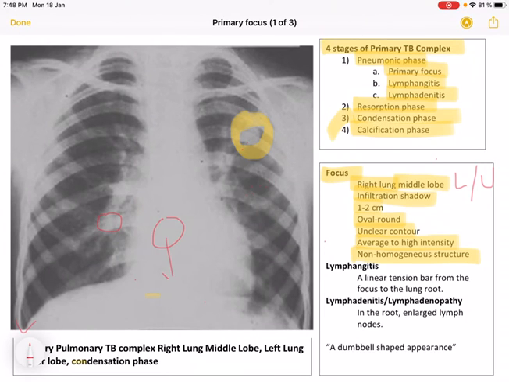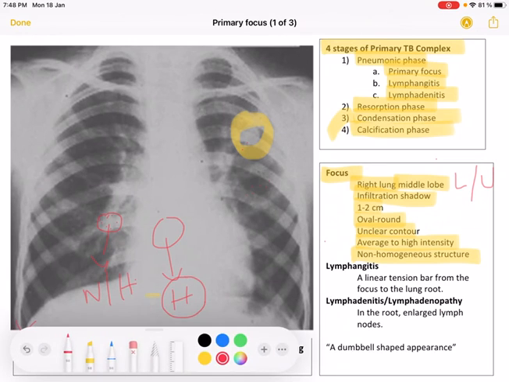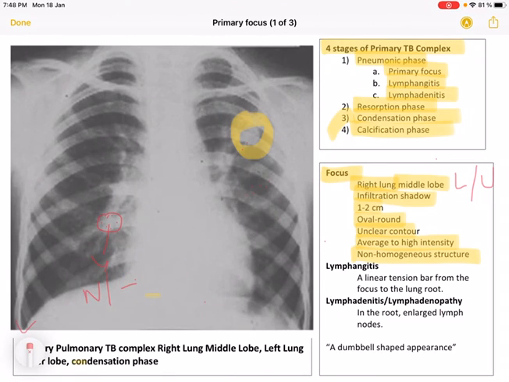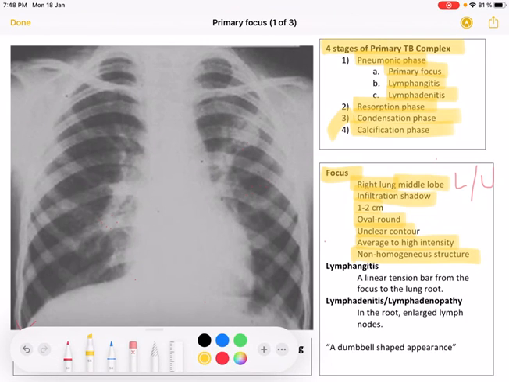This is what homogeneous looks like. And here we can see some black spots and white spots, so it is non-homogeneous. Understand? Okay, so this was about the focus.